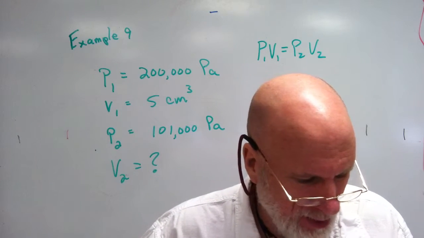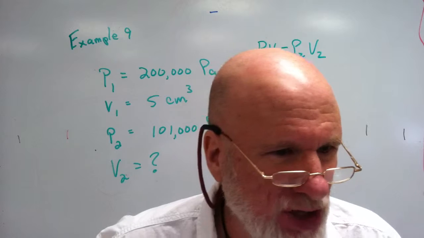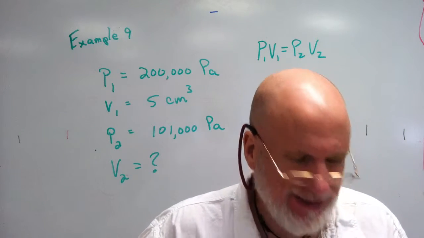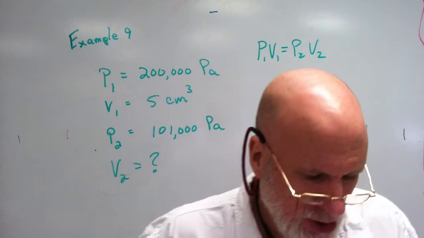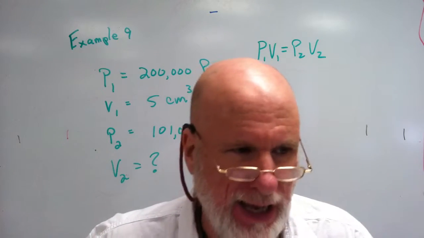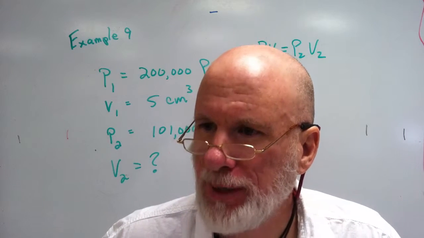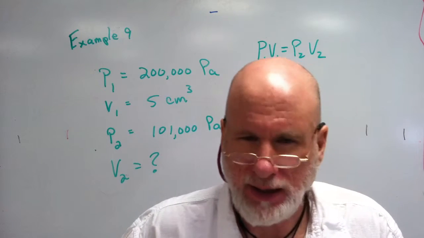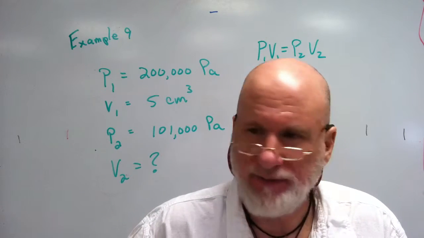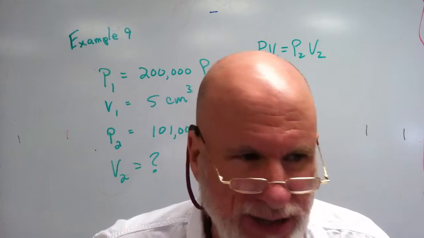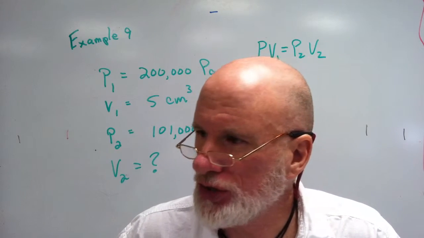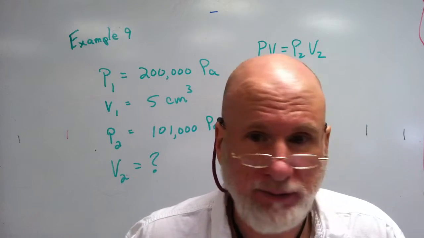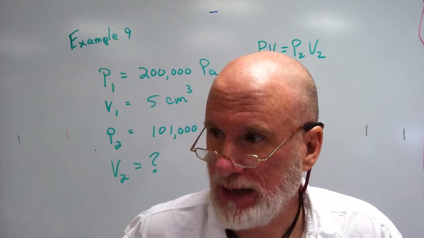If an air bubble has a volume of 5 cubic centimeters at a depth where the pressure is 200,000 Pa, what is the volume of an individual bubble just as it breaks the surface? Now understand the surface is 101,000. So you're creating a 5 cubic centimeter bubble at 200,000 pascals.